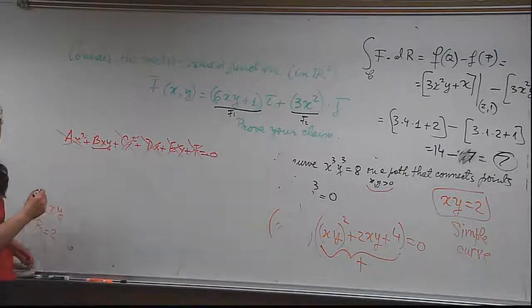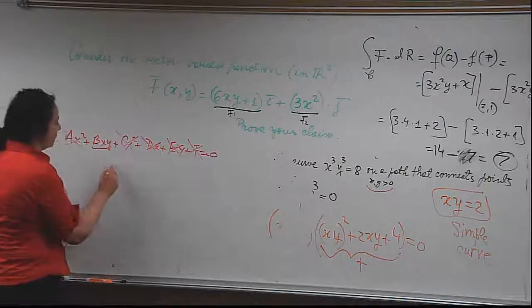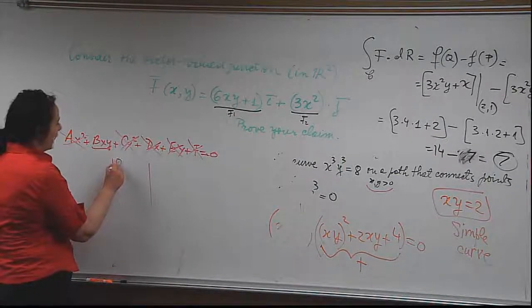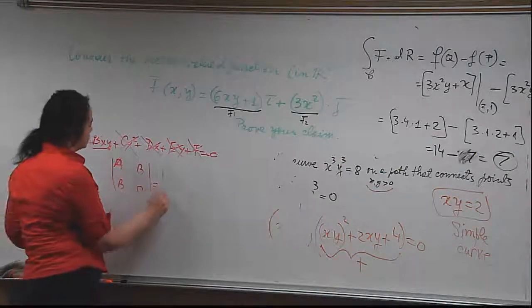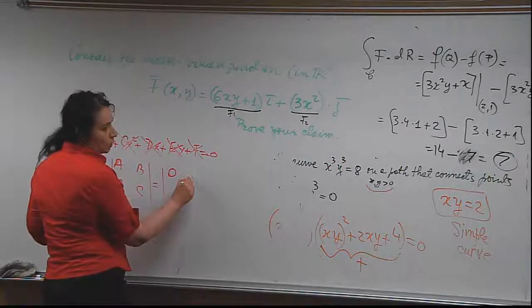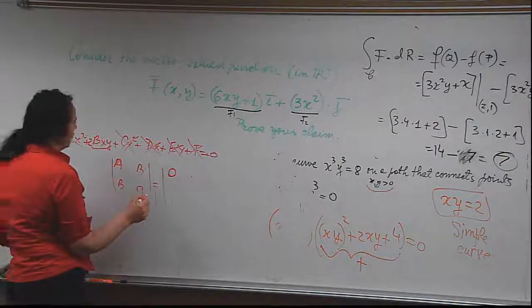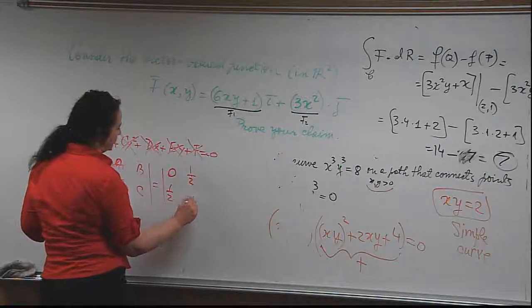And B is 0. And there is a way to show what kind of conic it is. A, B, B, C. A is 0, B should be 2 here, so you split this in half, one half, one half, and 0.